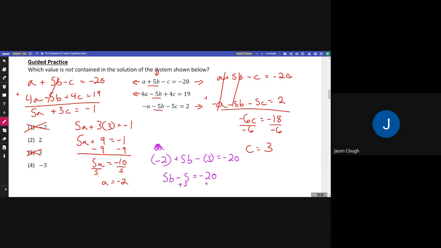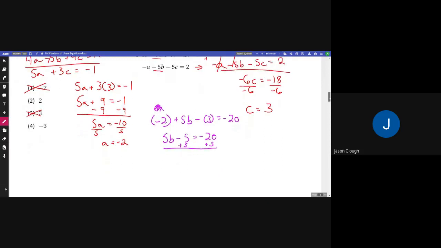Add 5 to both sides. And you end up with 5b equals negative 15. Divide both sides by 5. And we get b equals negative 3. So my answer will actually end up being choice 2.